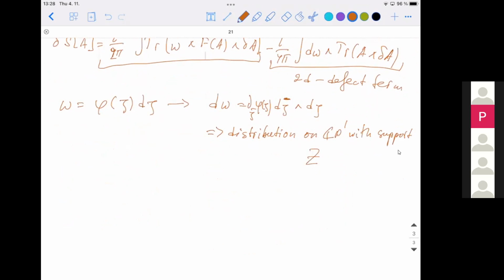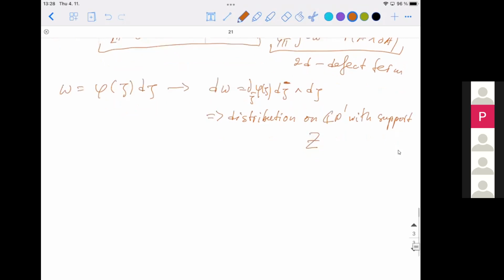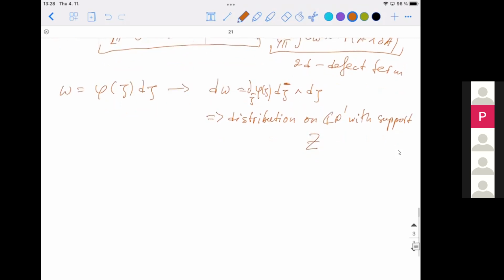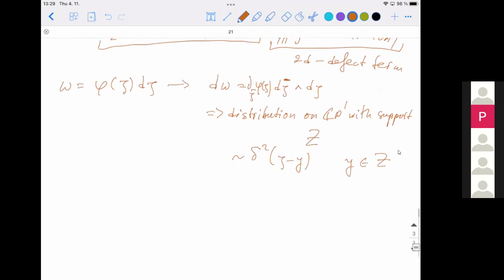That's actually the zeros of, no, it's a pulse of omega actually. So it's a distribution, so it is proportional to delta term. This is the standard thing, and this y belongs to this support.